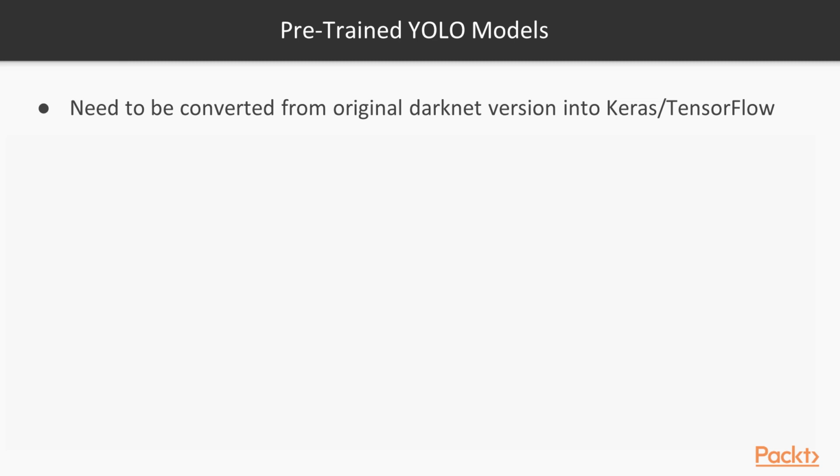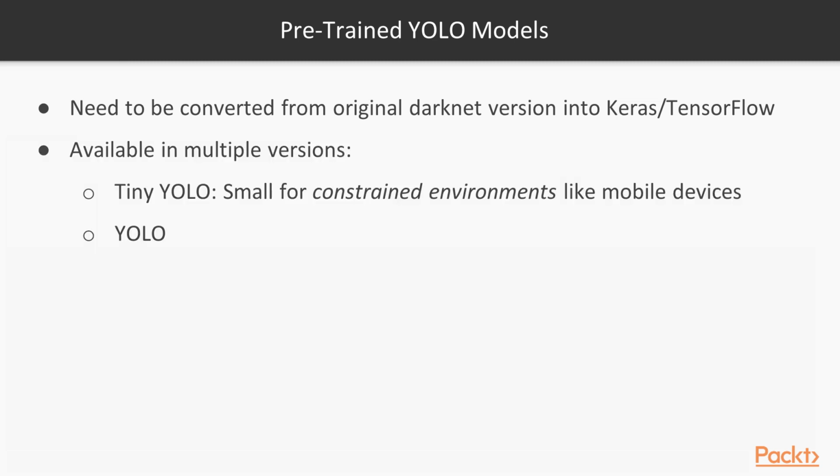When you want really fast detection with a small model, you can use tiny YOLO. This is a very small model designed for what we can call constrained environments like mobile devices. There's also the standard version of YOLO, which is pretty big, takes a bit more time to make the detection, and the model itself is pretty big as well.